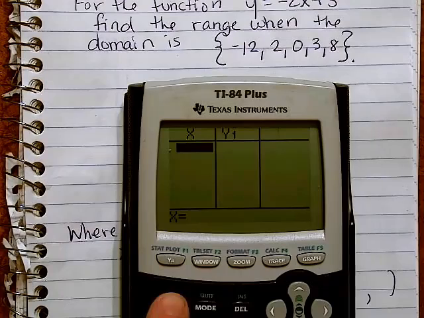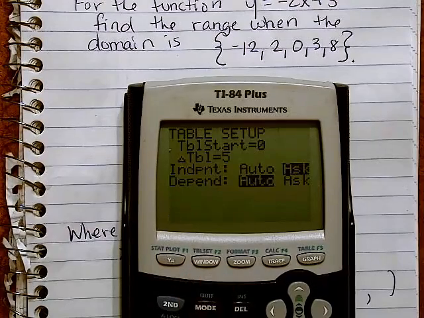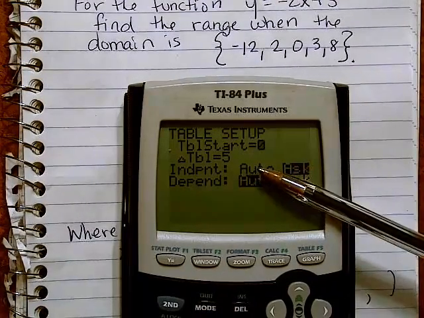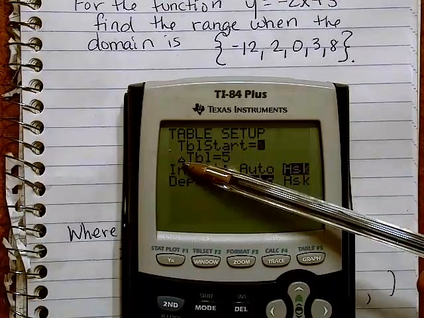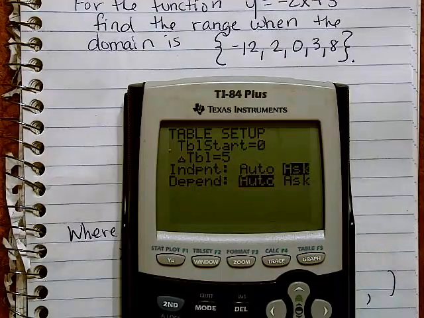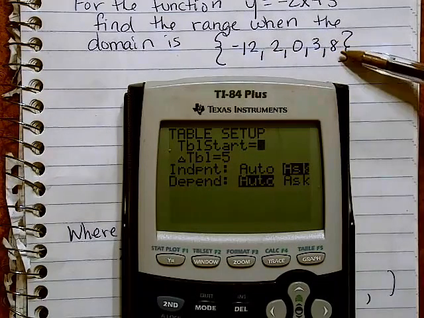So press second and window, which also says table setup. And we can tell this table to start at 0 and go up by 5s each time. That's what that would mean. Table start 0. The change in the table, the triangle means change, go up by 5. But what we really want it to do is just have those numbers in the domain, or in the x values.